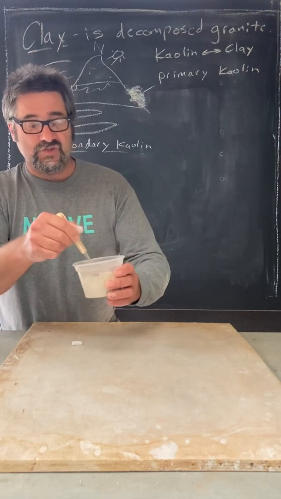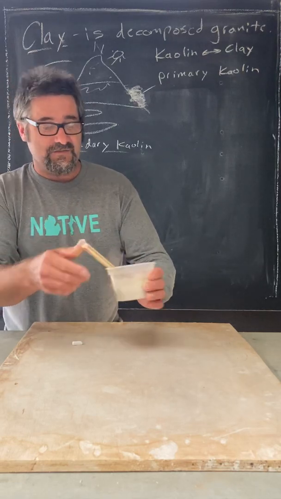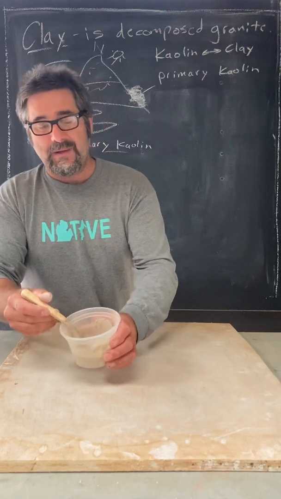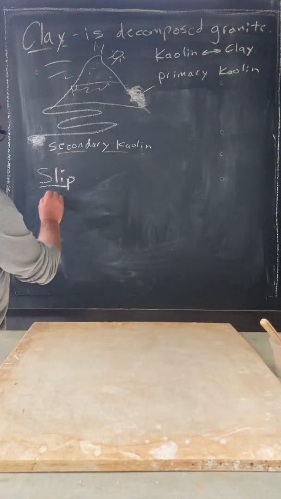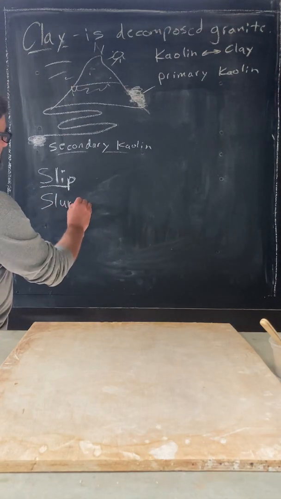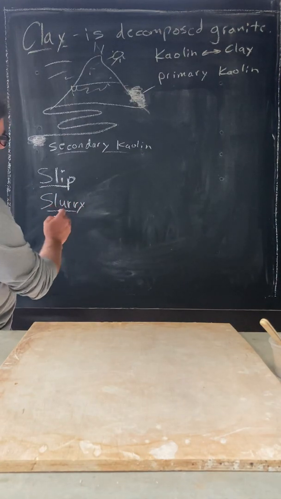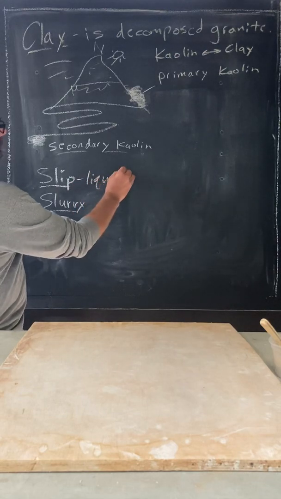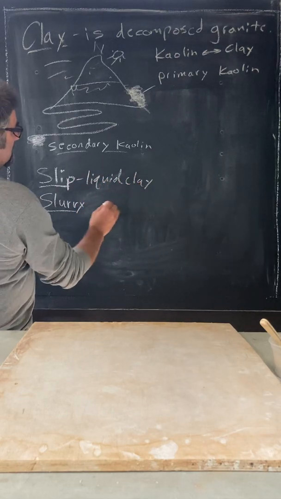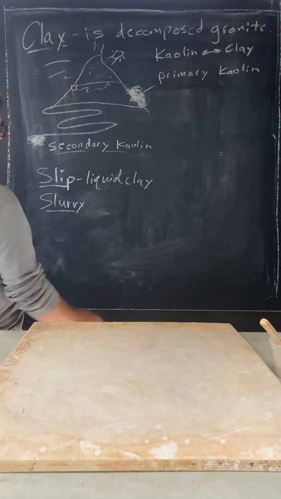This is used to join pieces of clay together. Actually, because it's really lumpy and not refined, I would call that slurry. So a slurry is an unrefined liquid clay. Slip is liquid clay.